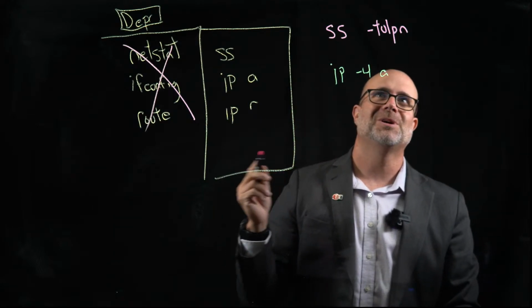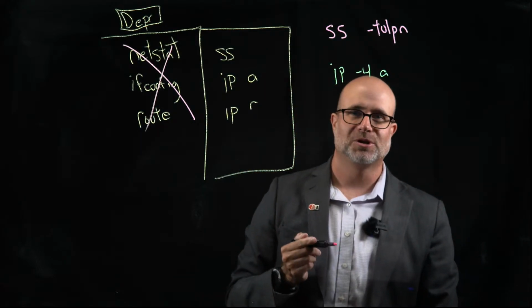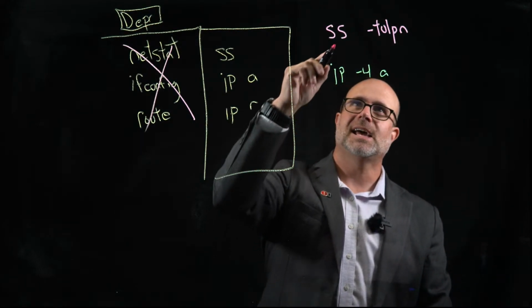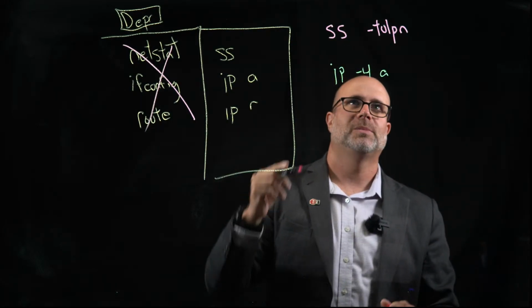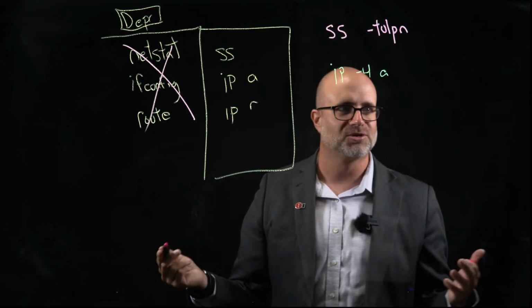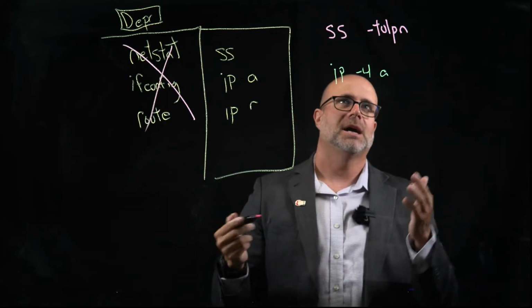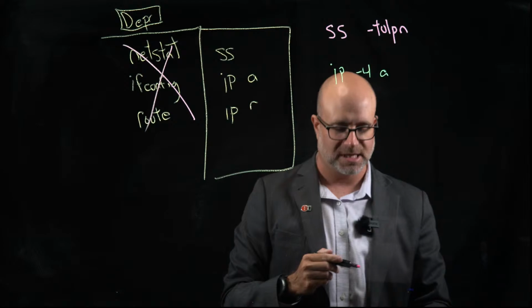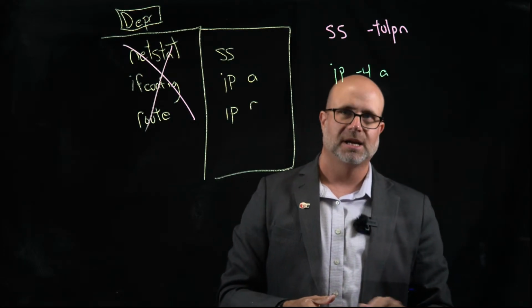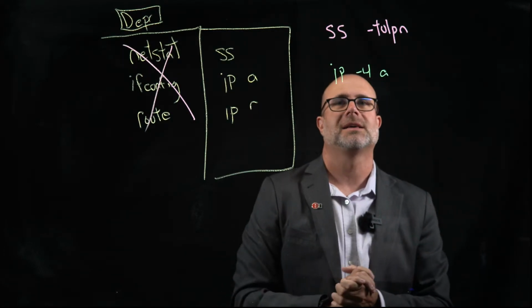The way someone said this to me a long time ago when I was going through my Red Hat training was ss -tulpn, like "tall pin." I never remember t-u, I just remember tall pin. It's kind of confusing and hard to remember, but if you remember it like that, it's very easy.